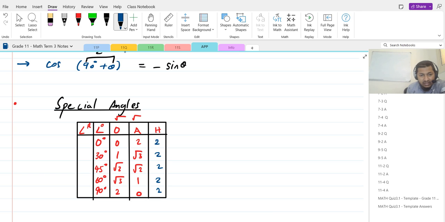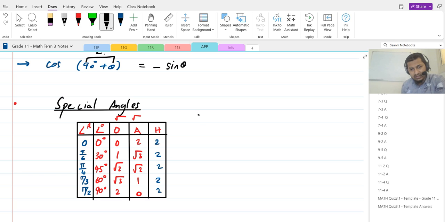Now 0 degrees in radians is 0, 30 degrees in radians is 180 divided by 6, so pi by 6. 45 degrees is pi by 4, 60 degrees is pi by 3, and 90 degrees is pi by 2. Remember, pi is 180. Now, how do we solve these problems?